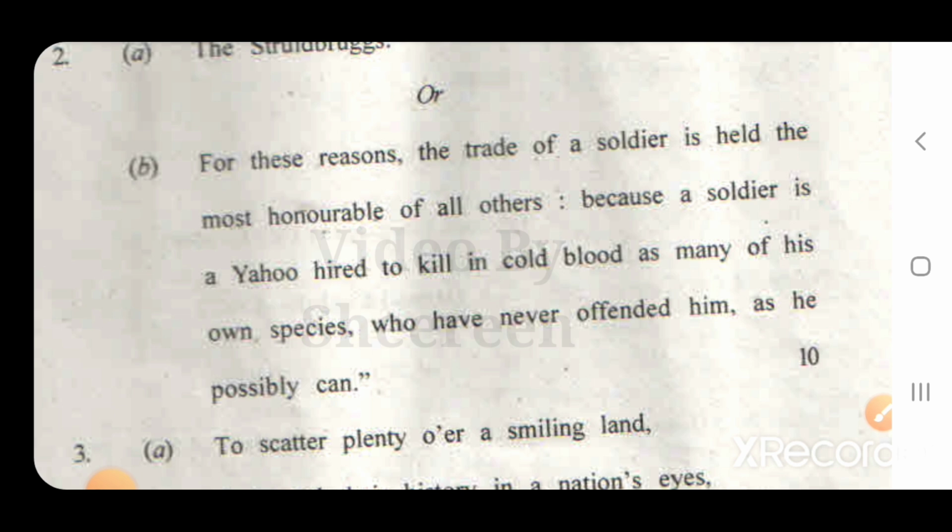So in this statement Jonathan Swift is talking about the condition of England, the causes of the war between the Prince of Europe. So here you have to write about that.